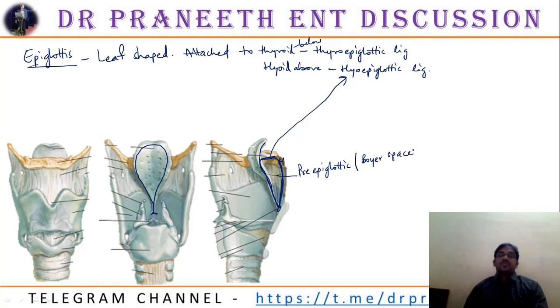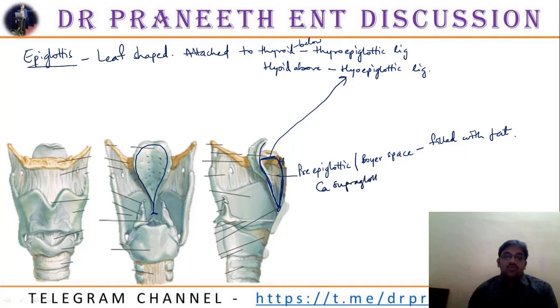This space is normally filled with fat, but carcinomas like supraglottic carcinomas as well as base of tongue carcinomas will spread to this space. The management protocol varies depending on their extension into this space or not, right? So this is about your epiglottis.